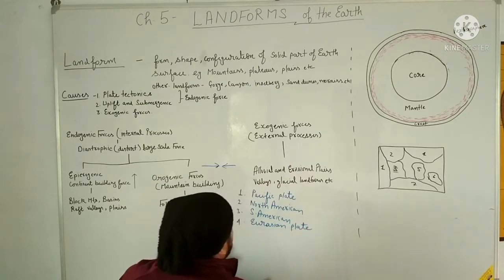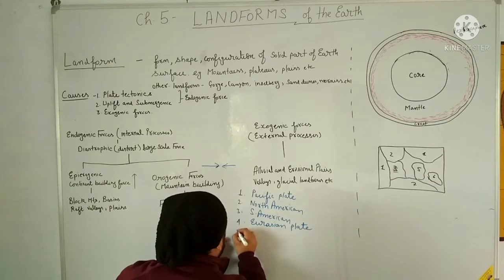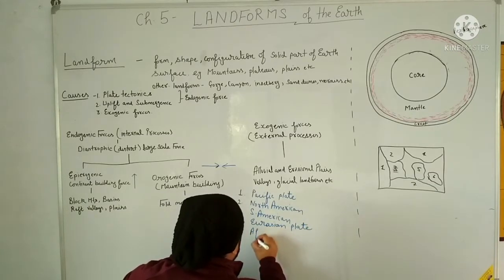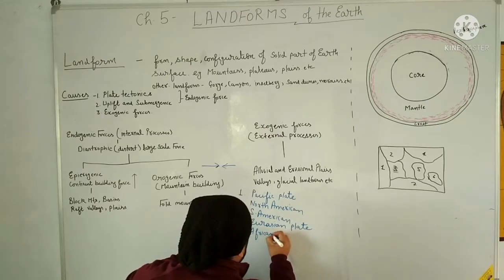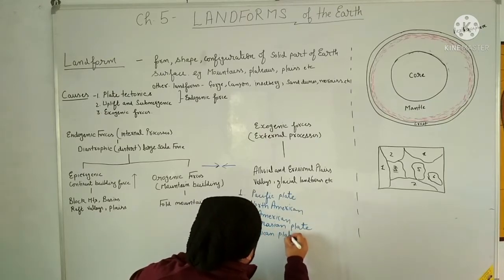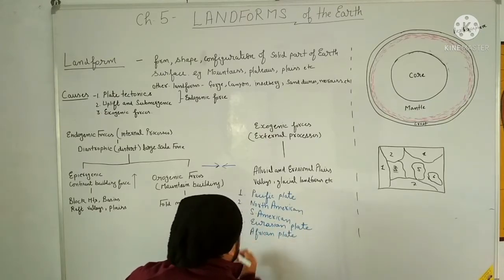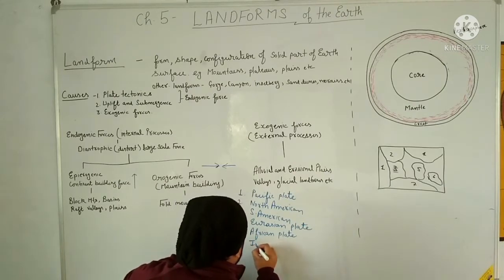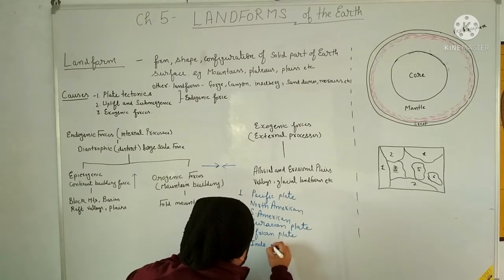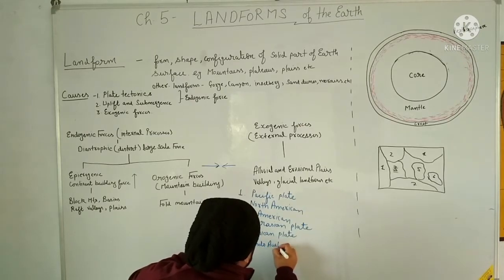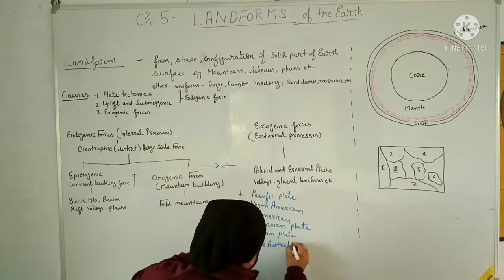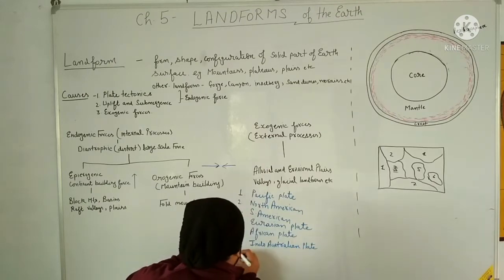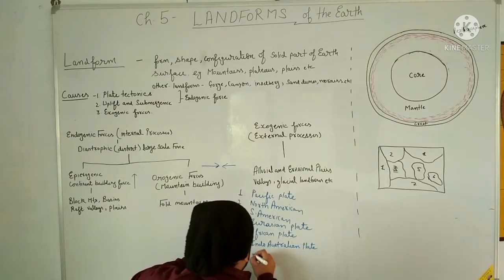Then the fifth one is the African plate. The sixth one is the Indo-Australian plate, or India Australia plate, and the seventh one is the Antarctic plate.